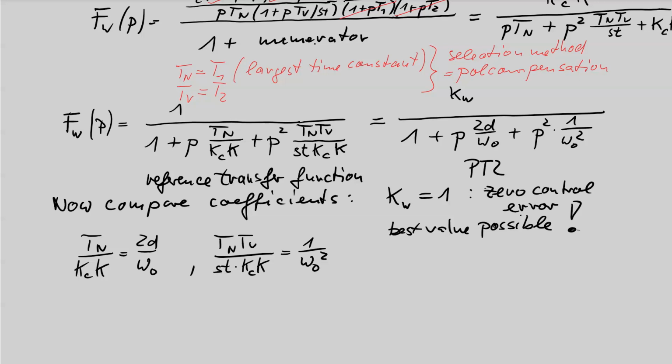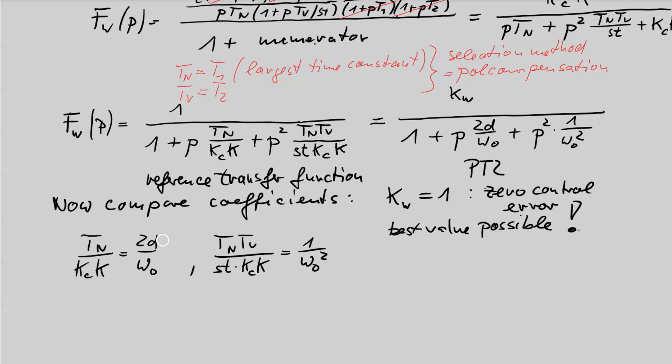That's behind the controller design. So we want to have a behavior and then calculate the settings, the parameters of the controller. That is a real, true controller design idea.